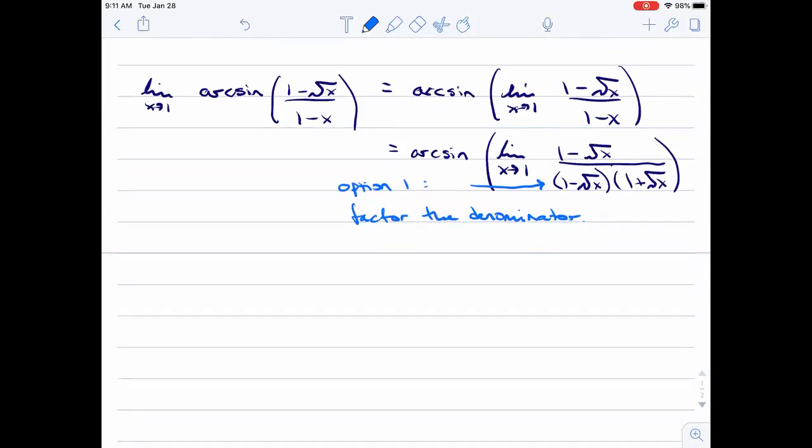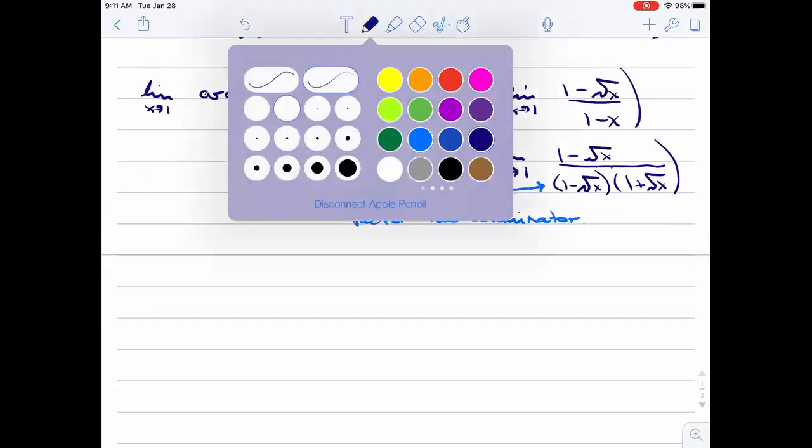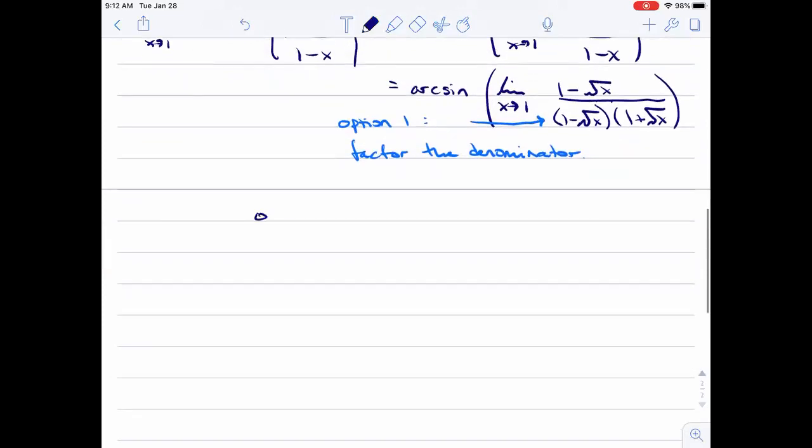Option 2: you can do the arc sine of the limit as x approaches 1 of (1 minus root x) over (1 minus x), times (1 plus root x) over (1 plus root x).